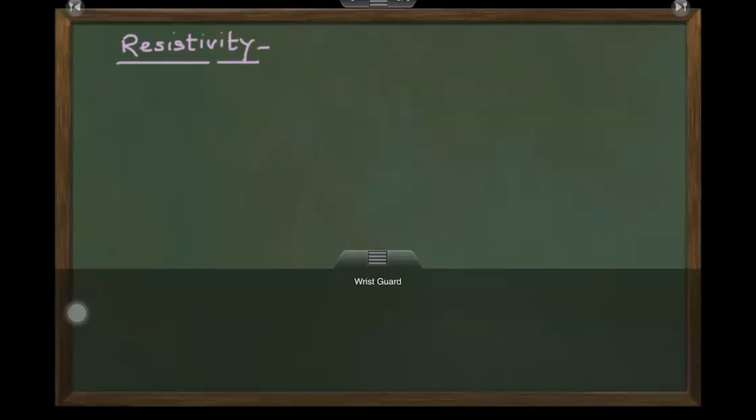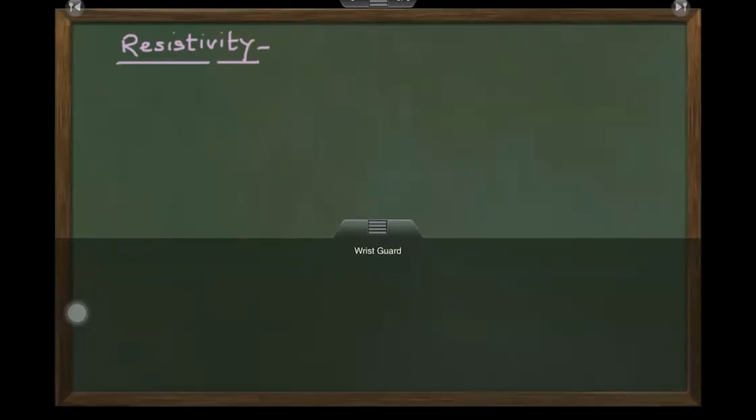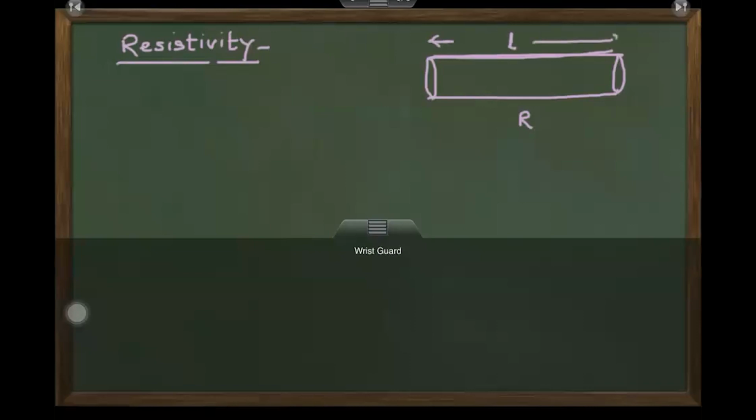When we take the case of resistivity, to understand resistance variation, suppose I am having a wire here and I'm saying that this wire is having resistance, and there is the length L of this wire and cross-sectional area A of the wire.